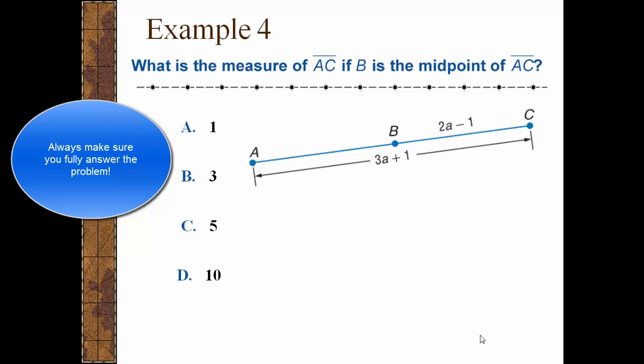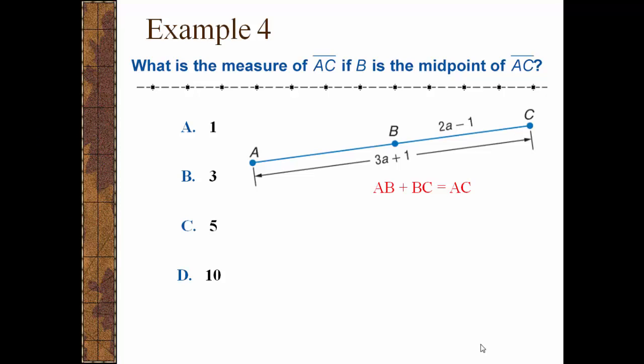What we can do is use the betweenness of points equation, which says that AB plus BC equals AC. Now, since B is the midpoint, I know that AB and BC are going to have the same measure because B is cutting that line exactly in half.